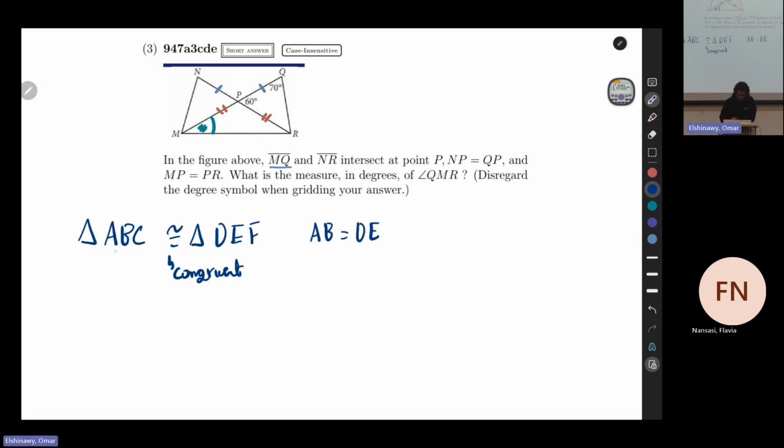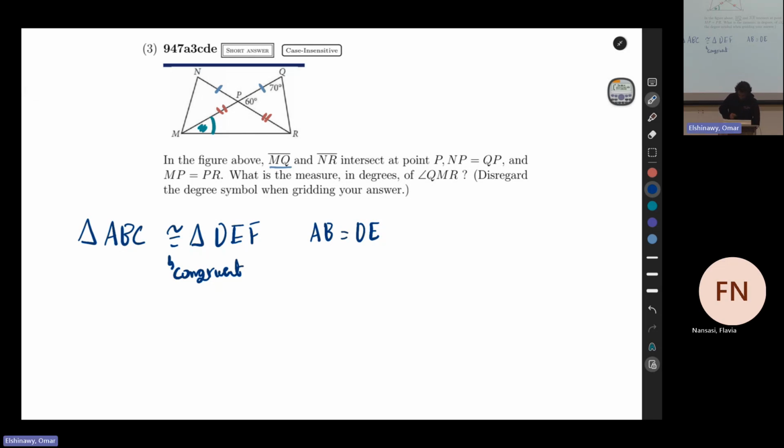You can read it off from the segments. AB is equal to DE, BC is equal to EF, and AC is equal to DF. Also the angles: angle ABC is equal to angle DEF. Just go in the right order. You always get the correspondences, so this is very important. I'm just hand waving this because in the end, you might not even use it.